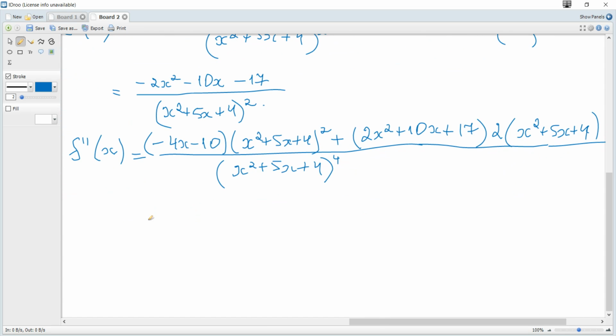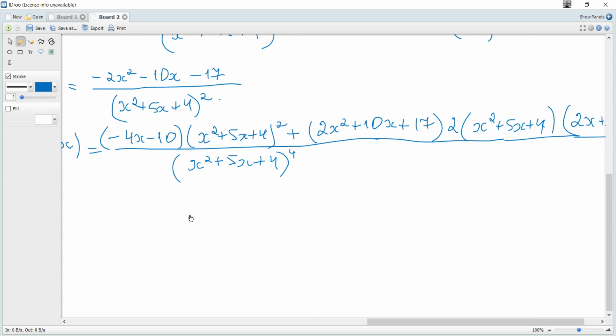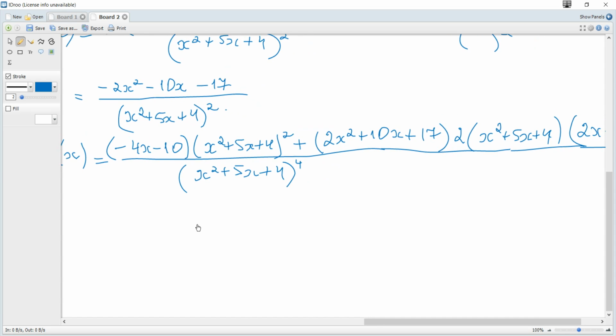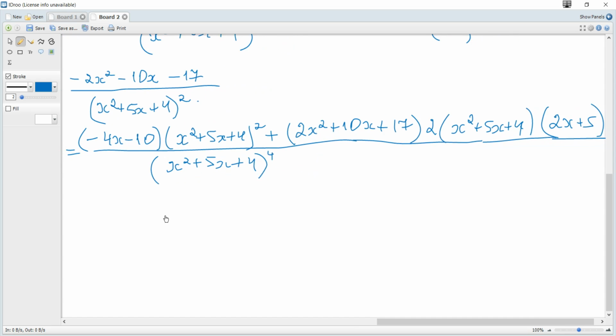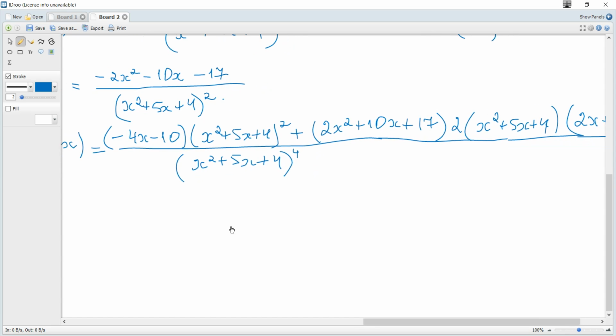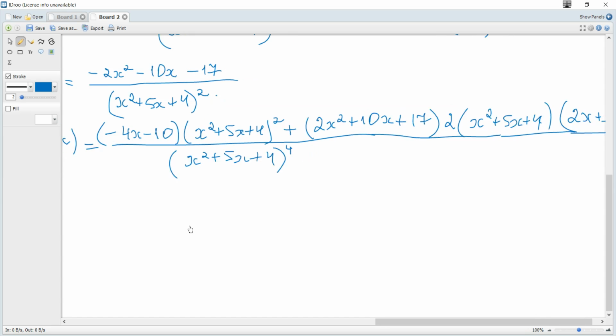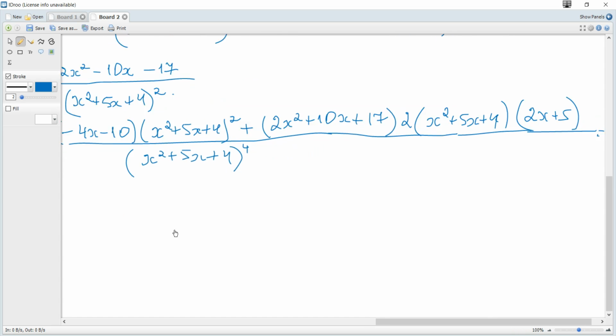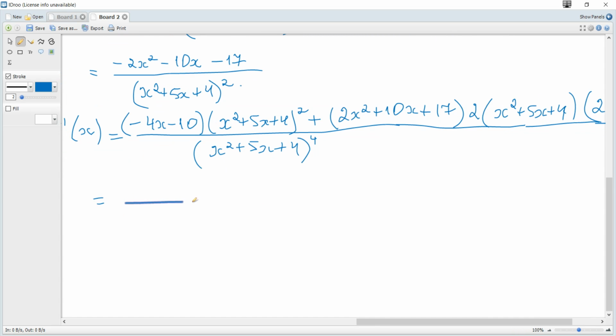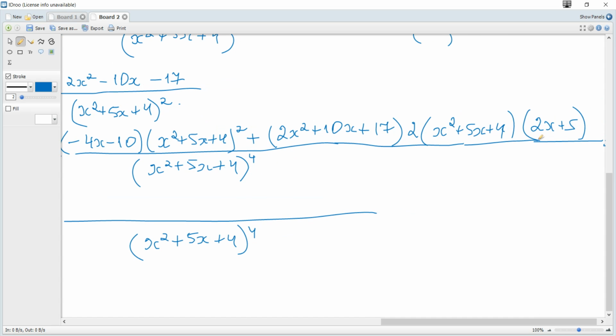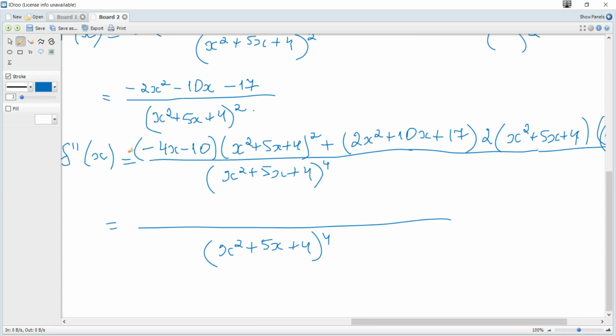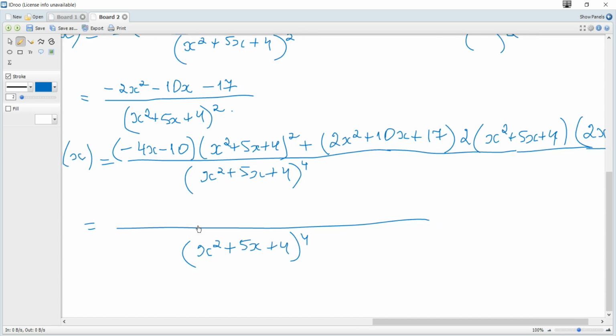And first of all, we can definitely factor out firstly and then equate it to 0, because we can notice that it becomes the denominator to the power of 4, but you can notice that this and this can be factored out.